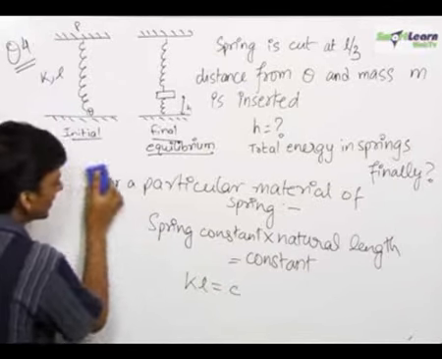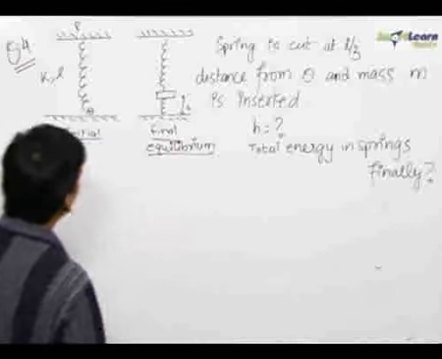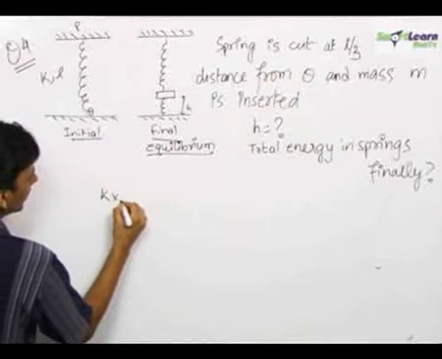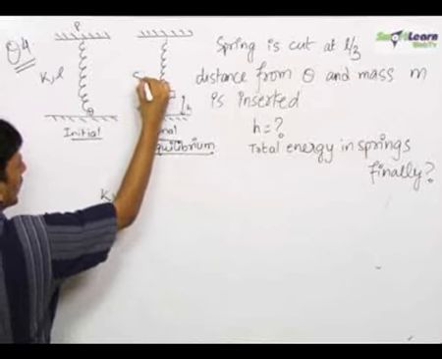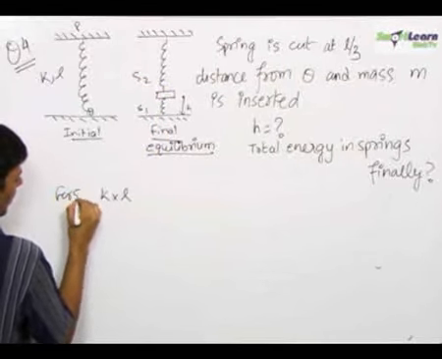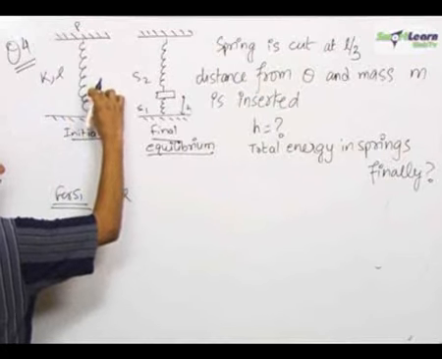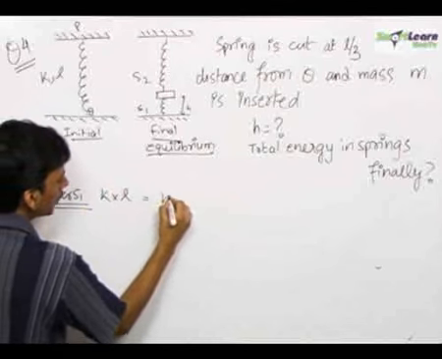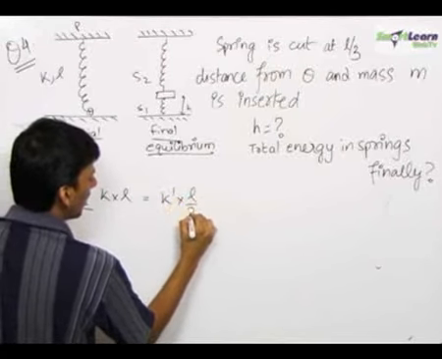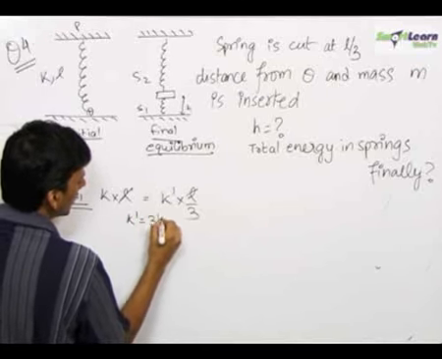So when we apply this on the given springs, initially K into L, we first find out the spring constant for spring S1. When the spring was cut, the lower spring had a natural length of L by 3, so KL equals K dash into L by 3. So we get K dash is equal to 3K.